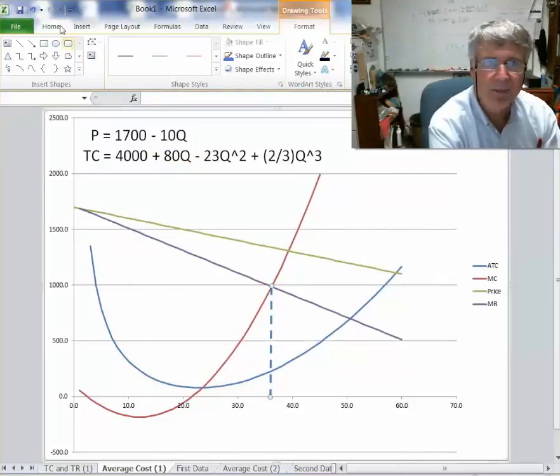And then, of course, the price is way over there. And to get the Lerner index, of course, we need also this value.